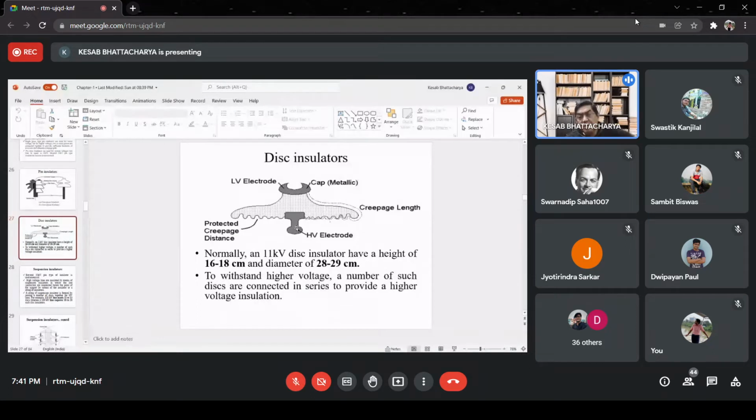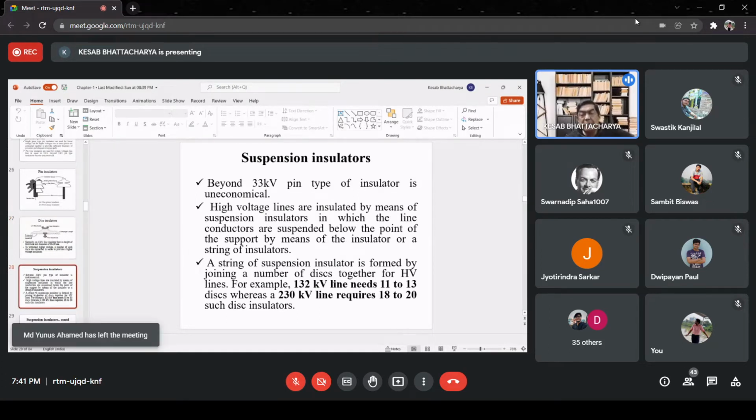Likewise, a number of discs are joined together to form the suspension insulator, and in this way the adequate insulation level is provided. Here you will see that for a 132 kV line, 11 to 13 disc insulators are used, whereas for a 230 kV or 220 kV line, 18 to 20 such disc insulators are required.